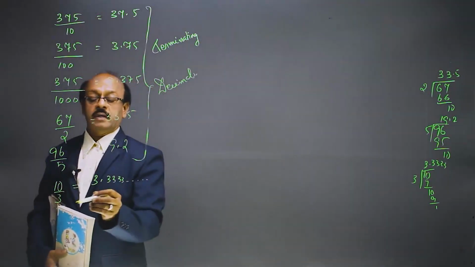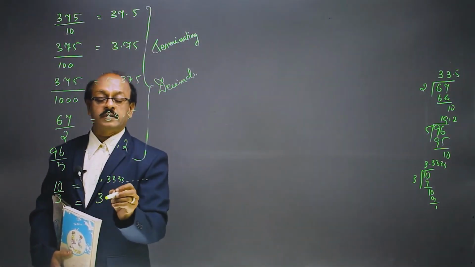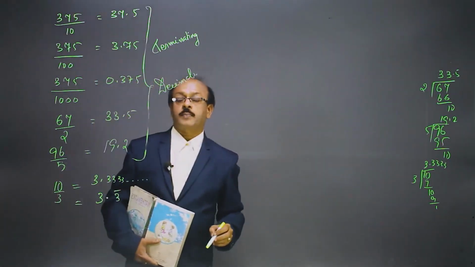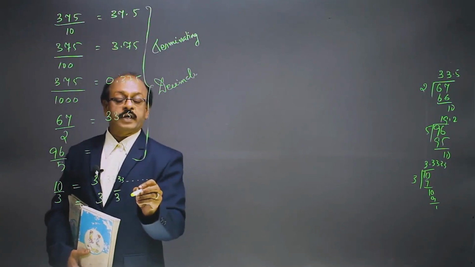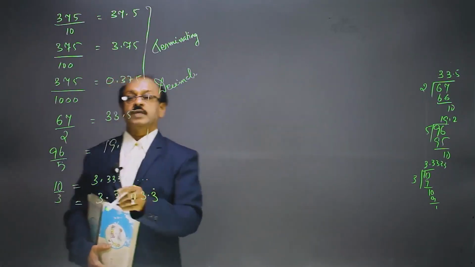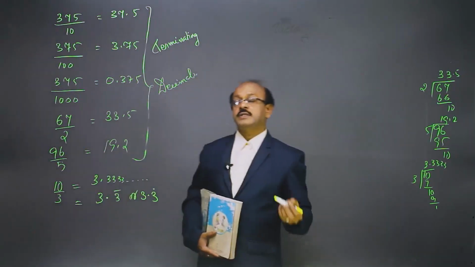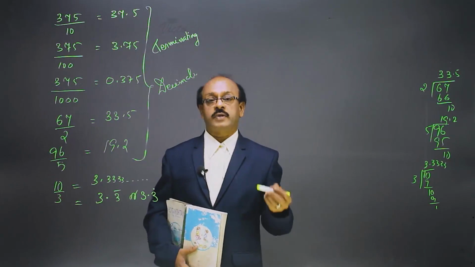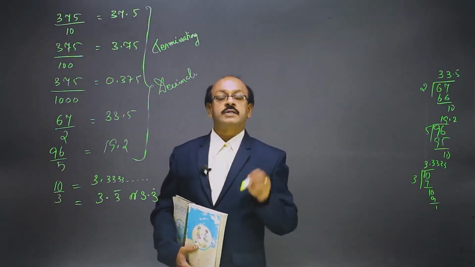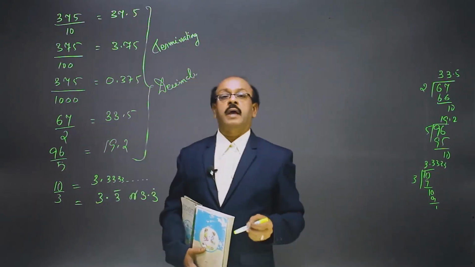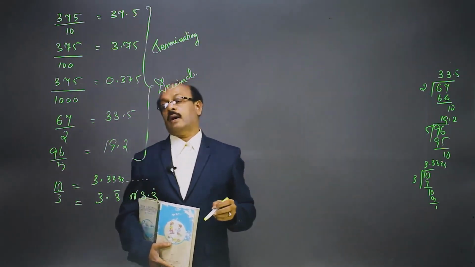We can write it in a simplest form, that is 3.3 bar, or another notation is 3.3 dot. These two mean the digit after decimal, the digit 3, is repeating. After decimal, one digit is repeating, that is 3. So, it is called a non-terminating decimal.